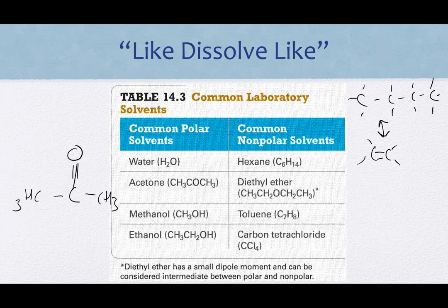So this bond right here is a polar bond. So we got a partial negative up here, partial positive down here. Methanol has that OH sticking off the side, so that would be a hydrogen bond. And same thing with ethanol, it's got that OH, so that would be another example of a hydrogen bond.